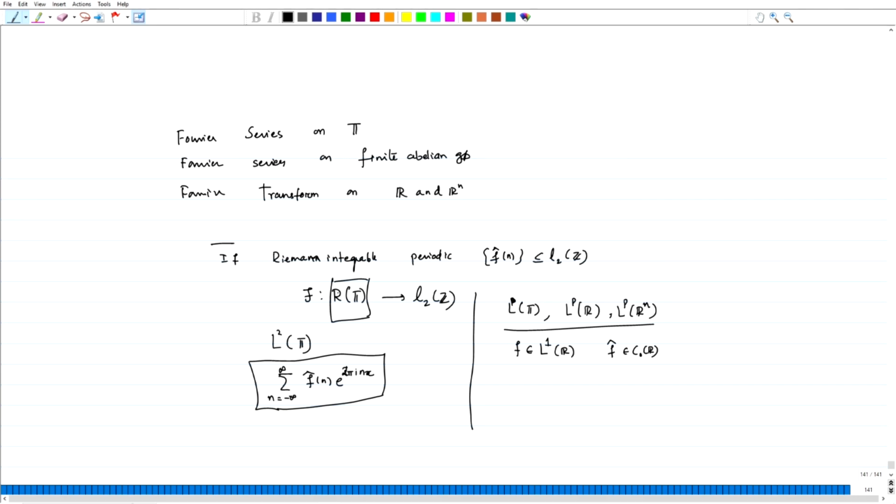And then one would like to know what the boundedness behavior of f hat is, and so on. Those questions can be asked. Also about the convergence of the Fourier series, we know S n f is the sum from minus n to n of f hat of n e to the power 2 pi i n x.